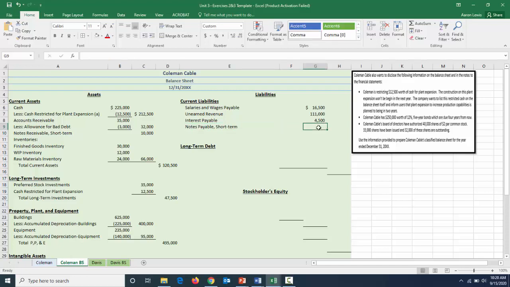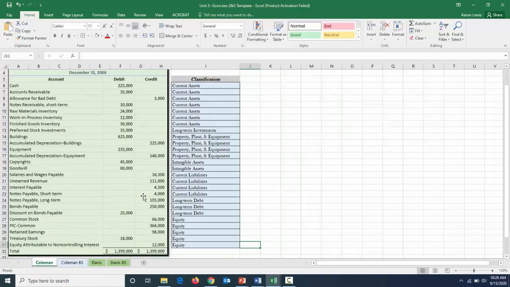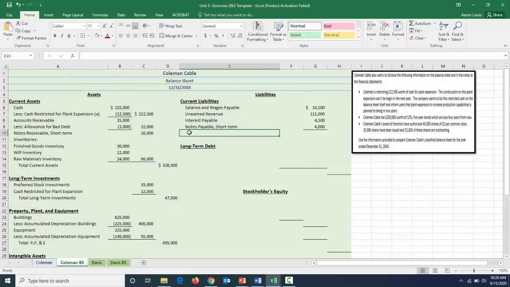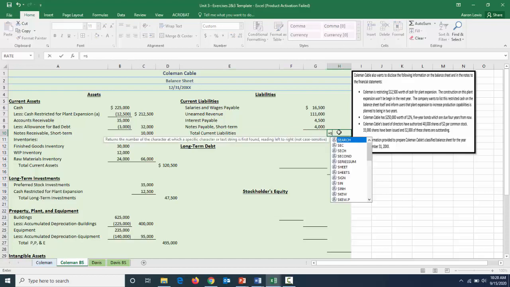And that number was for $4,000. And since that is the only four current liabilities right here that Coleman has on their books, we can total that section up. We have total current liabilities equal to the sum of those four numbers, and since it's the total of a classification, we're going to put it in the right hand column.